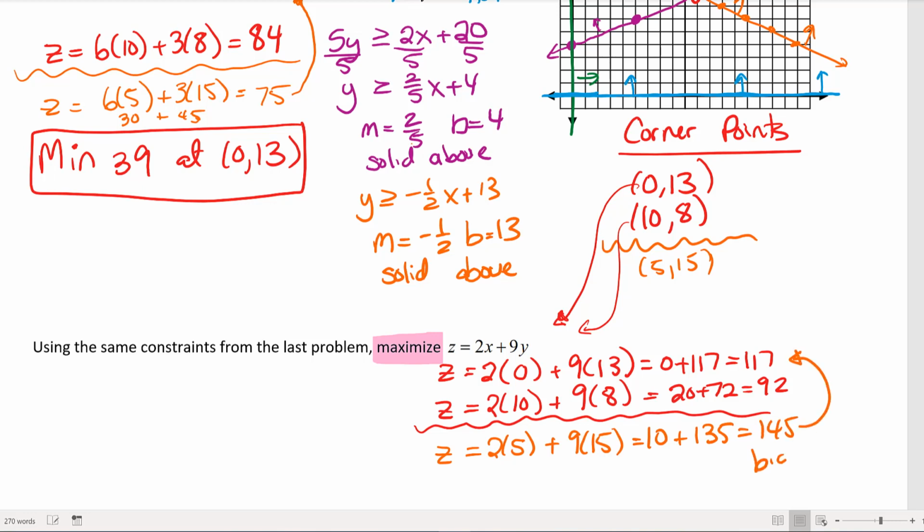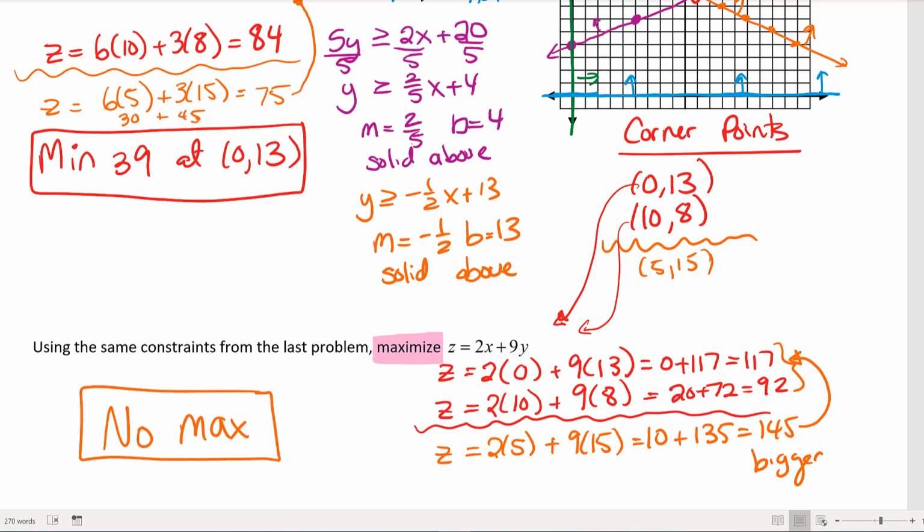This is bigger, isn't it? So because it's bigger than 117, we don't have a max. The max would occur at the corner points if it existed. But the fact that I found another point in the feasible region that's even bigger than it tells me that we have no max at all.